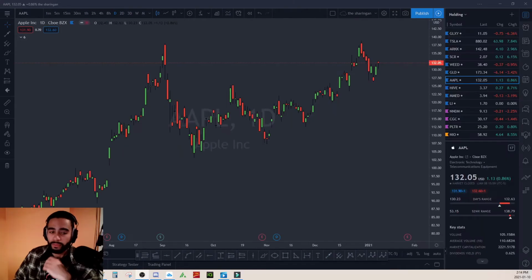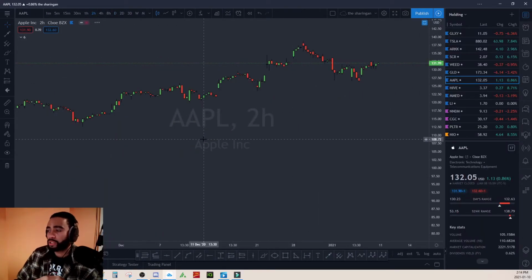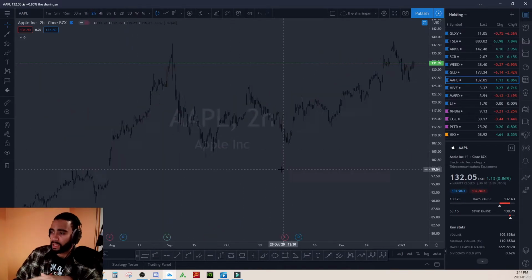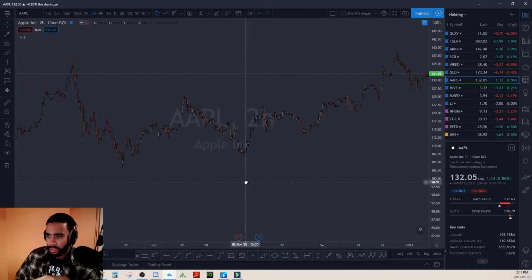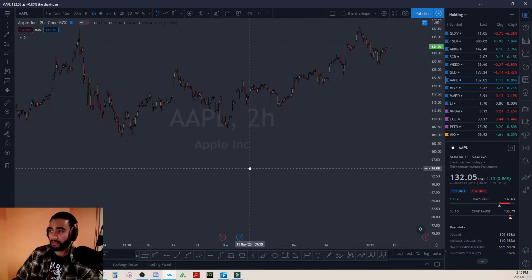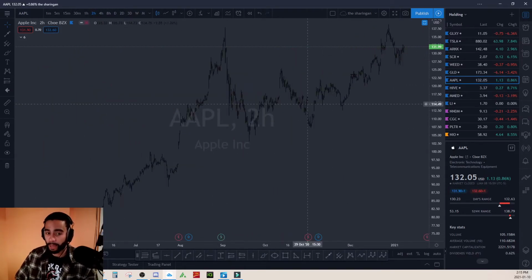Another thing I wanted to mention here is, for example, if we look at a 2 hourly time frame, just to zoom in a little bit, it could be very confusing because as you can see in this 2 hour time frame, it's a clear downtrend. But if you zoom out a little bit, the entire stock is in an uptrend.